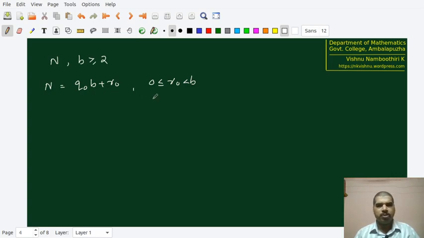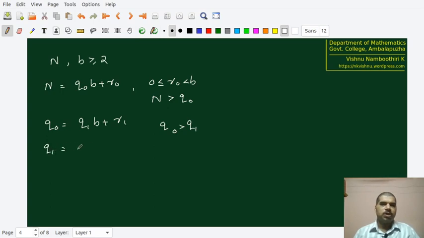Therefore, q naught is going to be less than n. This is strict. Now, we can further divide q naught equals q1 b plus r1, again using b, where r1 still satisfies 0 less than or equal to r1 less than b. Now, we have q naught greater than q1.